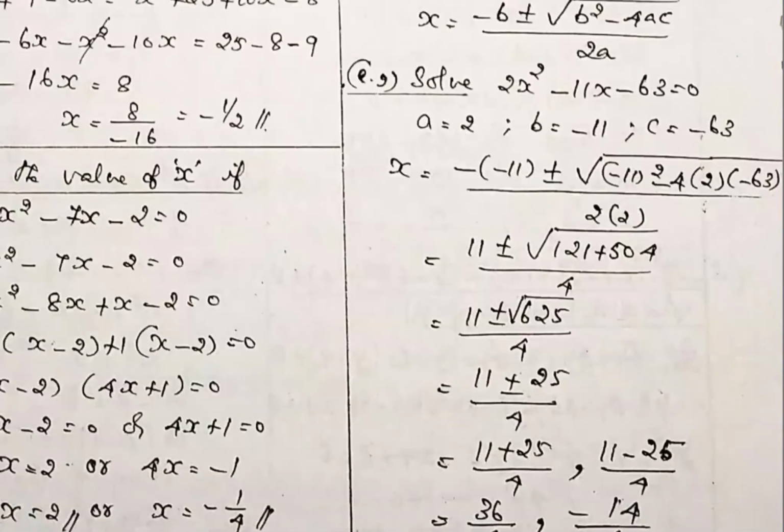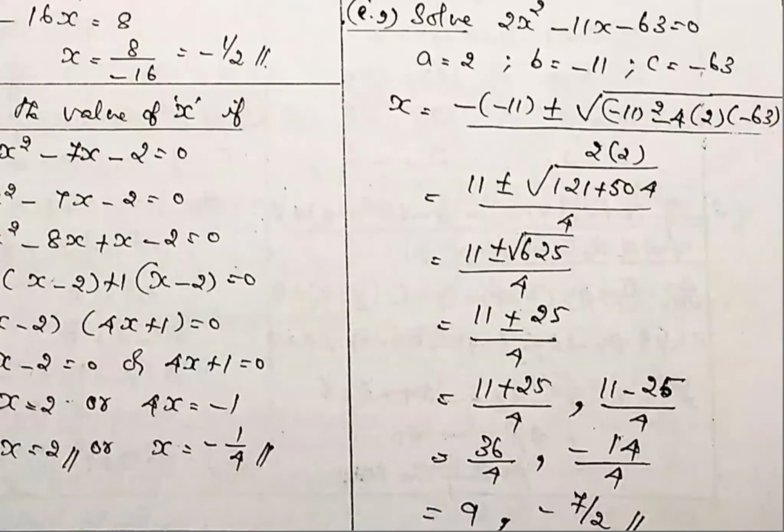Then simplify it, you will finally get the answer. Two answers: 36 divided by 4, comma, minus 14 divided by 4, or 9, comma, minus 7 divided by 2. So if factorization is not possible, you find the roots of x by applying this formula only.